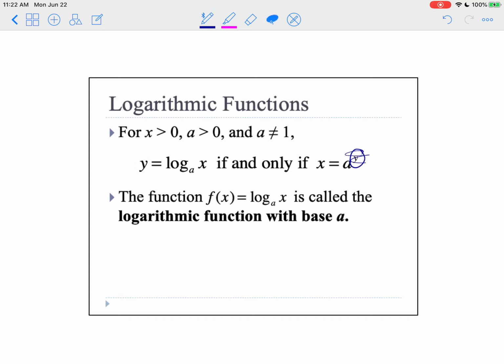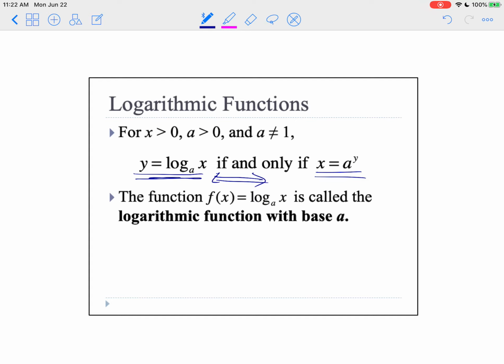Okay? And we're also seeing here this "if and only if," which basically just means that this works both ways. So if we have something of this form, we can rewrite it this way. If we have something in logarithmic form, we can rewrite it as an exponent.